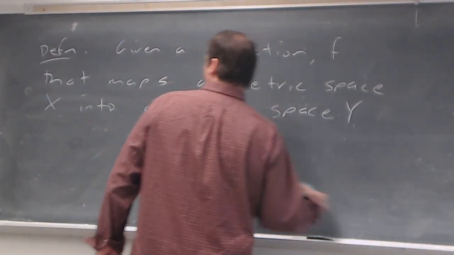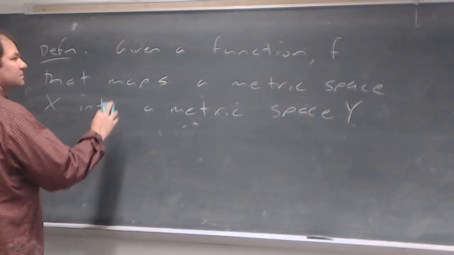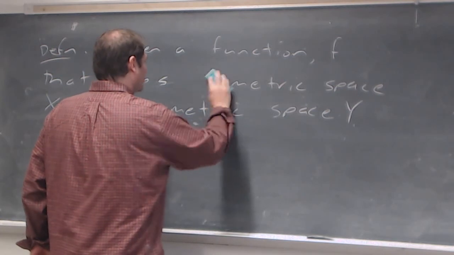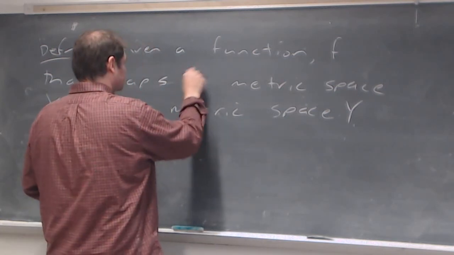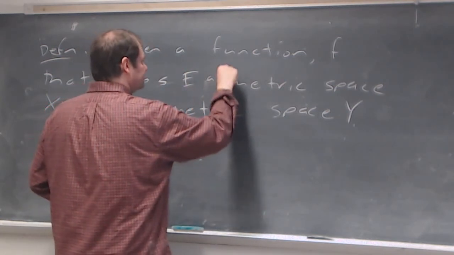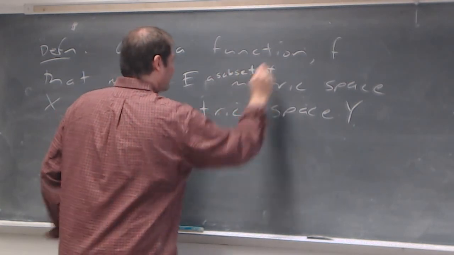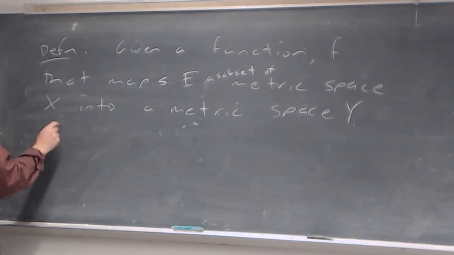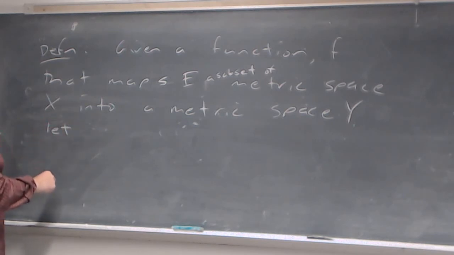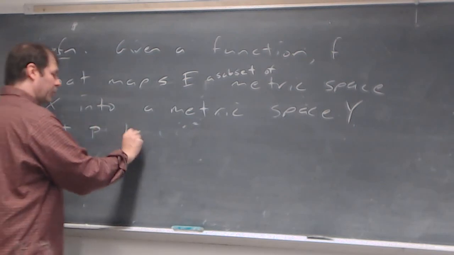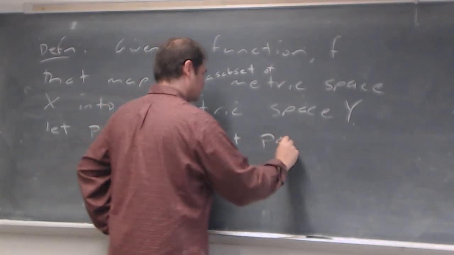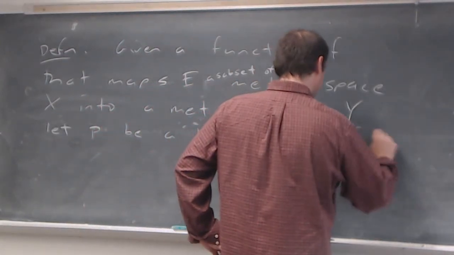Let f be a function that maps E, a subset of a metric space, into a metric space. Let P be a limit point of E.